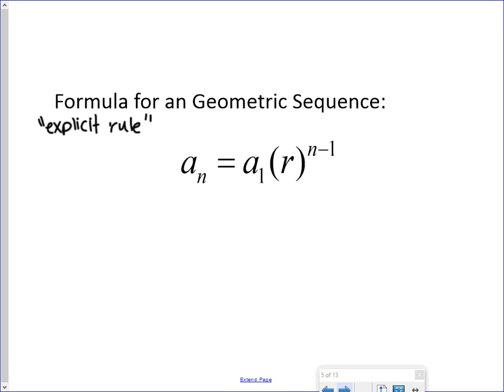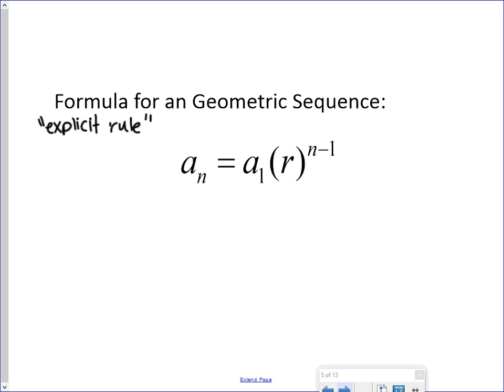And this is the same formula from last year. a sub n equals a sub 1 times r to the n minus 1. This is a little bit different than the formula from exponential functions, where we would see a times b to the x. It didn't have a minus 1 in the exponent.